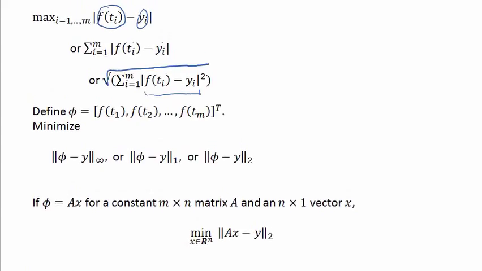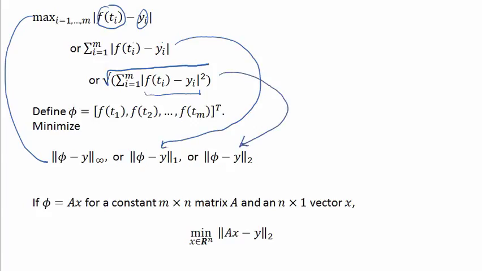Then these three types of error before are really just the three vector norms that we've played around with. So the maximum of the difference is the max norm or the infinity norm. The sum of all the errors is the 1 norm, and then the square root of the sum of the squares is the 2 norm of all those errors.